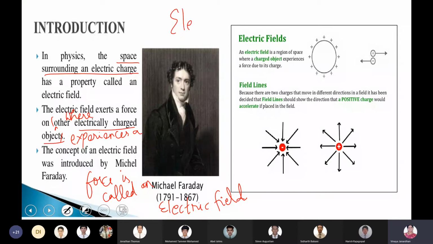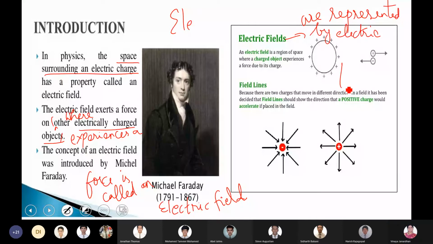Electric fields are represented by electric field lines. Now we'll go for what is meant by electric field line.